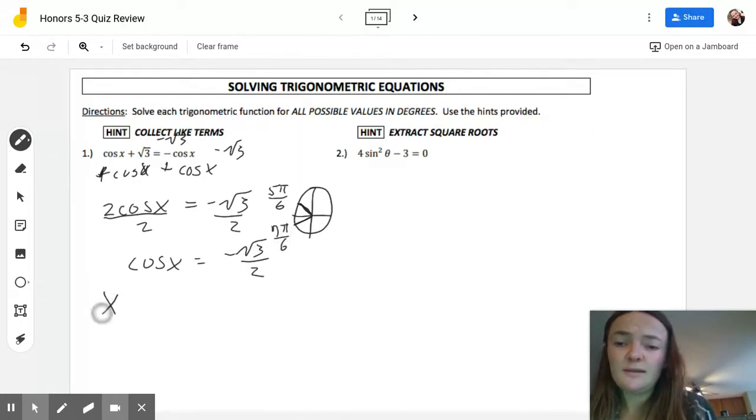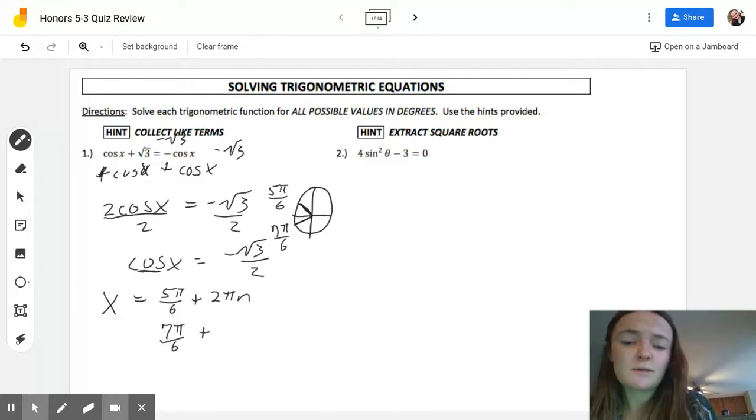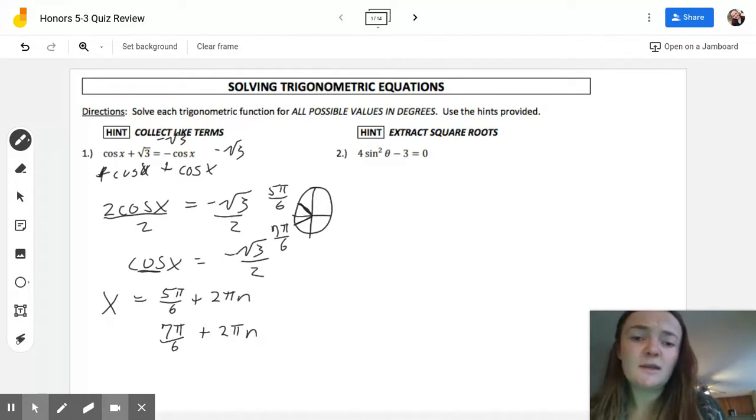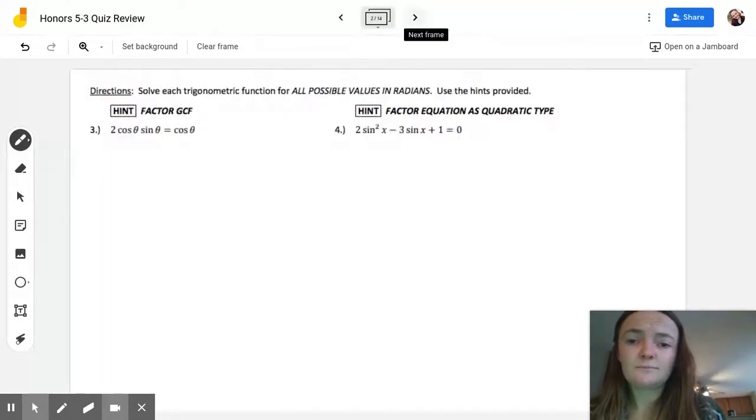It doesn't give me any interval, so this is going to be 5 pi over 6 plus the period, which is 2 pi n. And it's also going to be 7 pi over 6 plus the period, in this case, which is 2 pi n.